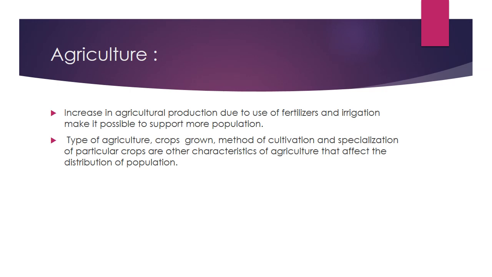Because of that, a large amount of yield is being produced, and agriculture is also used for commercial purposes. Type of agriculture, crops grown, method of cultivation, and specialization of particular crops are other characteristics of agriculture that affect the distribution of population.